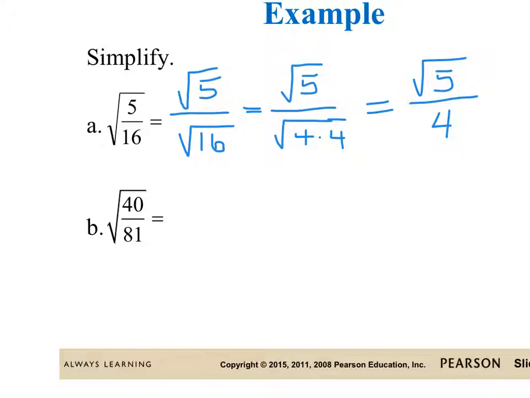And similarly, the square root of 40 over 81 is the square root of 40 over the square root of 81.